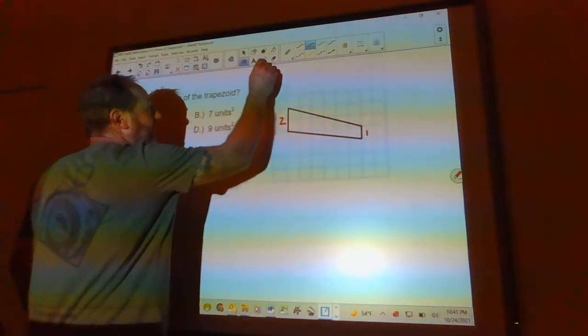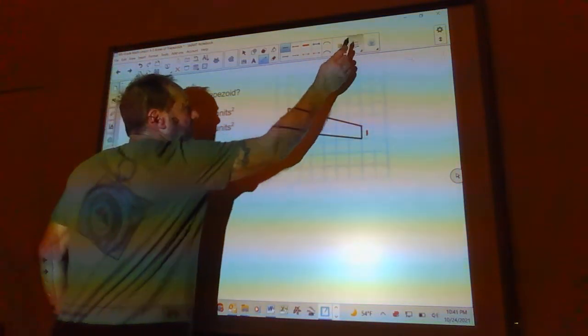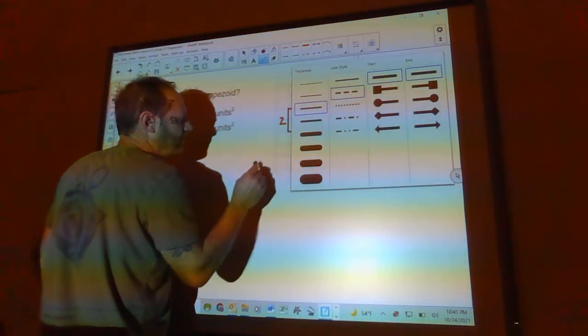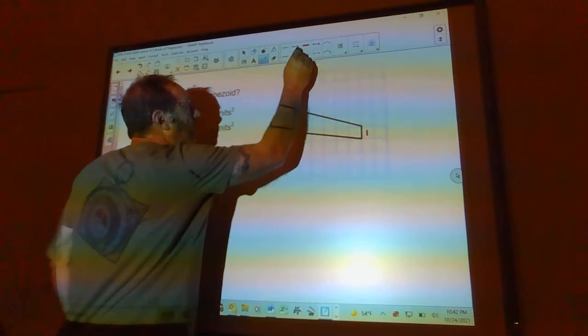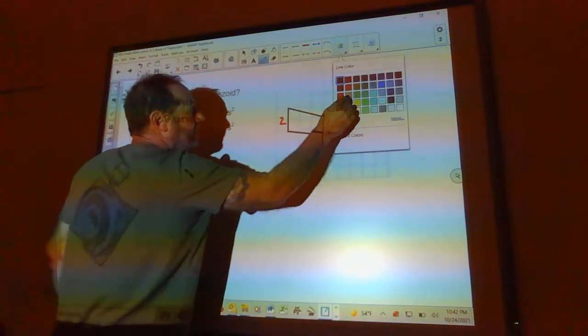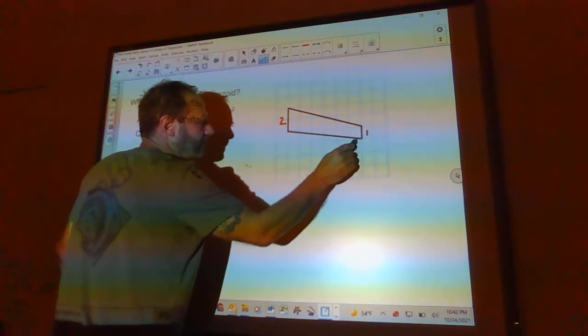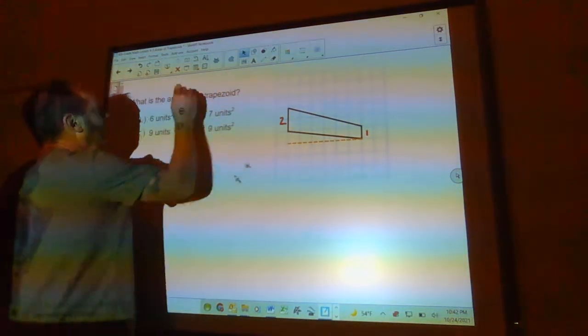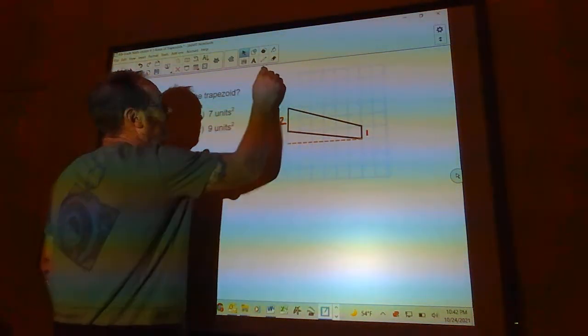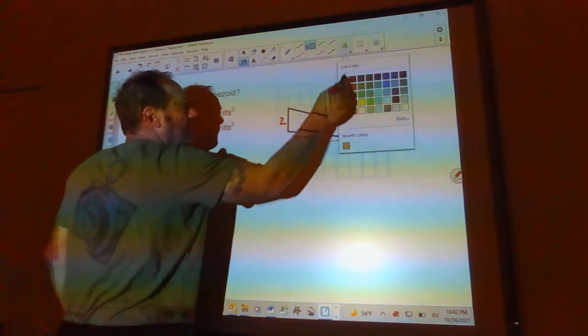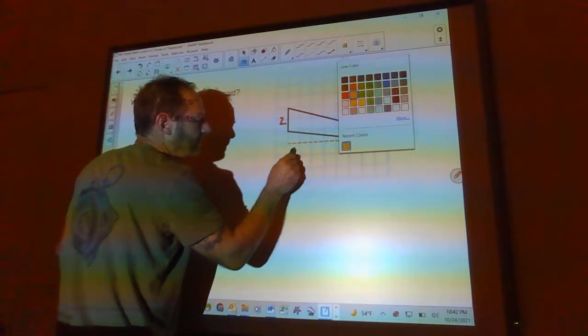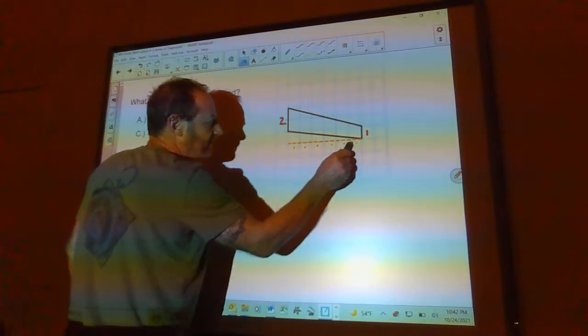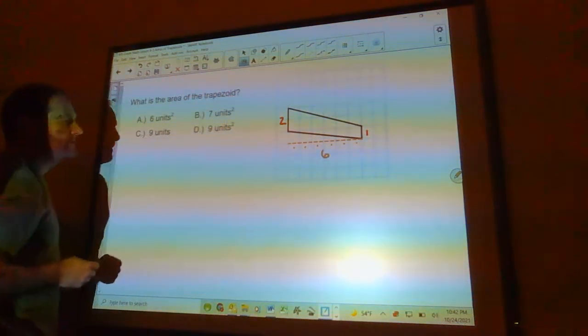Well, my height is going to go from here to here. And I'm going to go ahead and count that. So that's going to be 1, 2, 3, 4, 5, 6. So the height is 6.